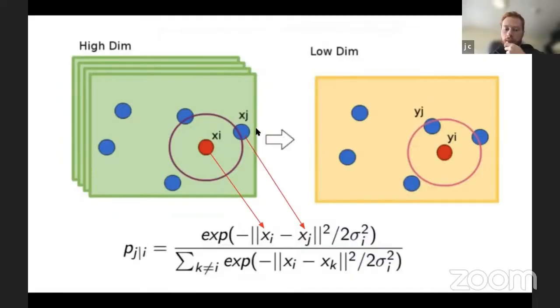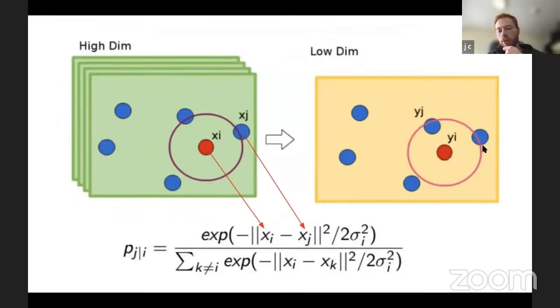Okay, so we have our data in some high dimensional space. For each data point, we set a Gaussian distribution onto it with the mean at the data point. And then we have our distribution, visualized here by the circle. We do this in the high dimensional space, and we do the same in the low dimensional space.